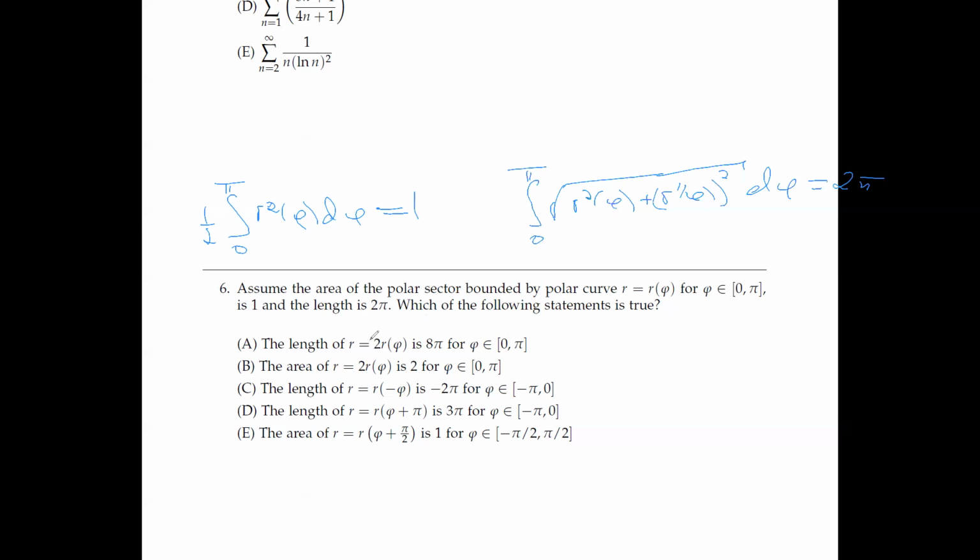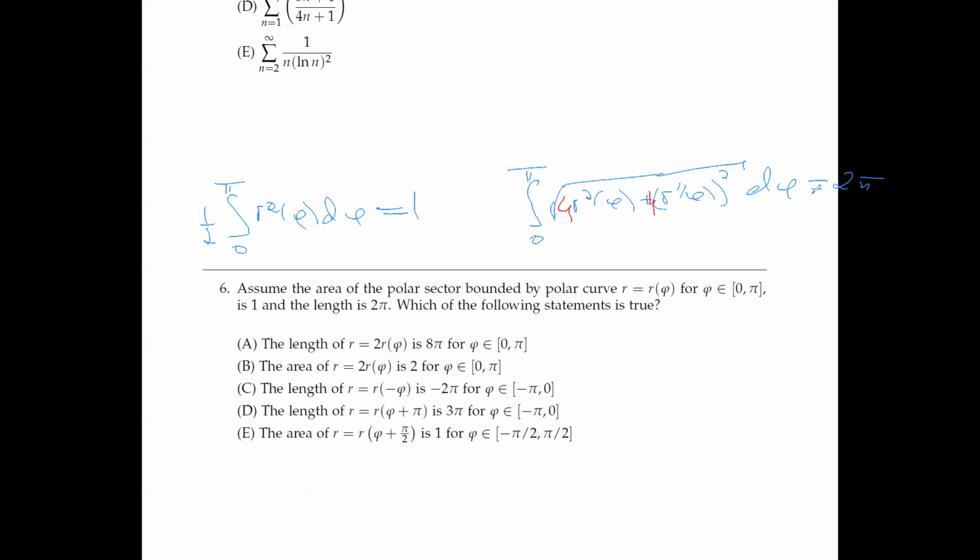If we consider 2 times the r curve, then the length will be 8 pi. So if r is multiplied by 2, what are we going to get? We will get 4 under the root, and this 4 we can take out of the root, which gives us 2.